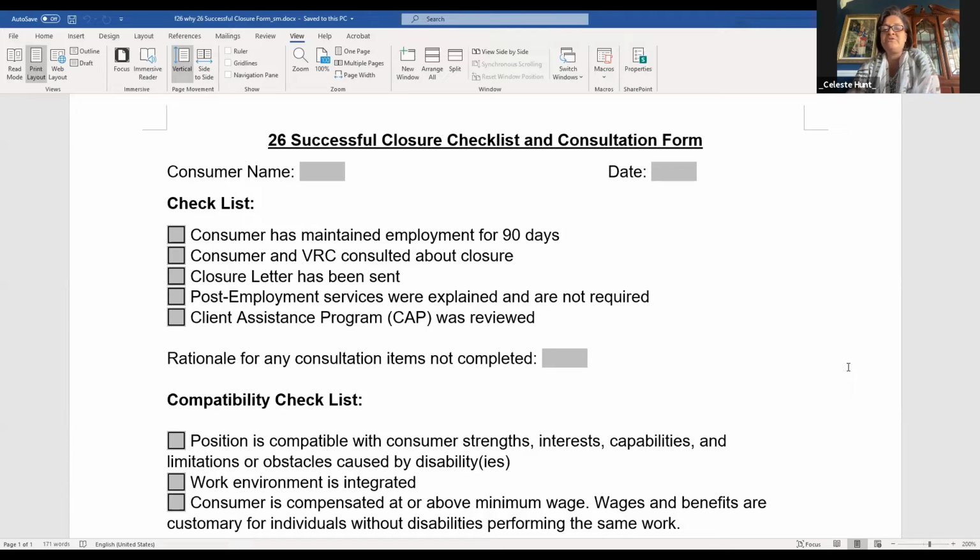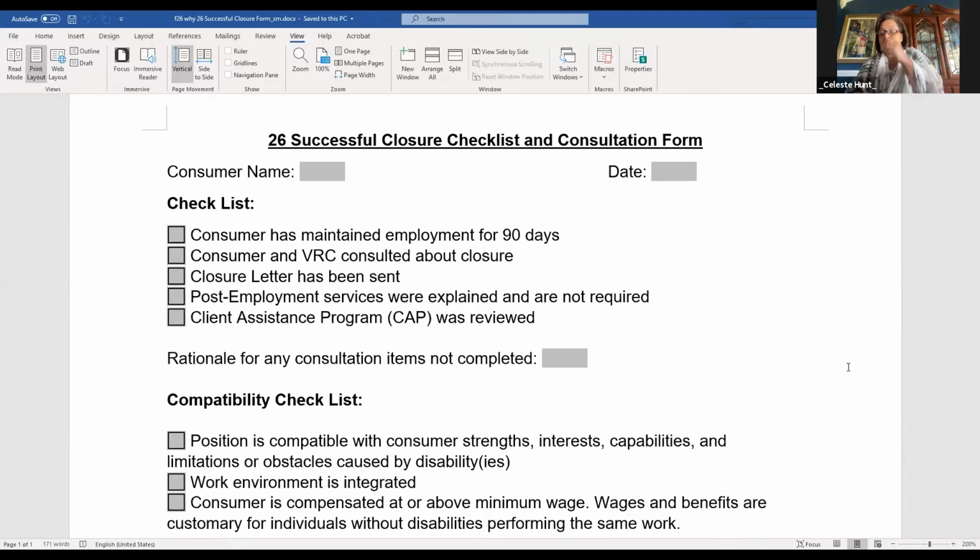What I normally do too is, in the last progress review, we state, normally the first day of work, that the consumer has started working, they're working at this company, earning this amount of pay per hour. And we state what the problems were when they first started. Then as we go by, I try to state every 30 days before the 90-day closure, document how things went that month, if they're getting along well with their coworkers and supervisors, or if they're having issues with transportation, we'll document that.